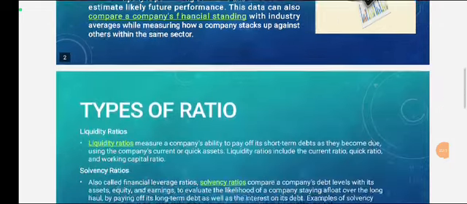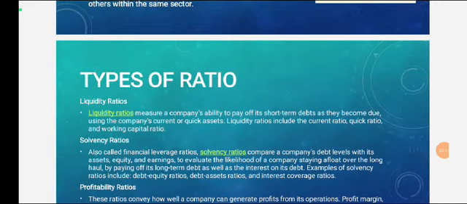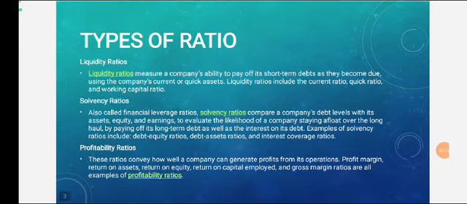So the ratio analysis has different dimensions. The first type of ratio is the liquidity ratio. Liquidity means the repaying capacity of the company on its current liabilities.